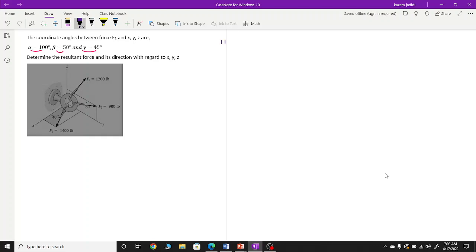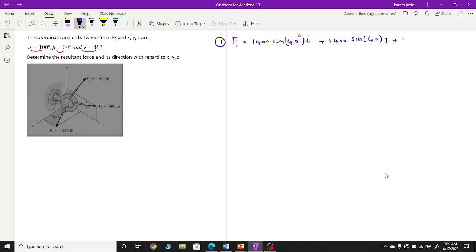In Cartesian format, step 1, break each force into its components. Let's start with F1. F1 is equal to 1400 cosine 40 degrees, because adjacent to x is cosine 40 degrees, in i direction, and it's going to be 1400 sine 40 degrees in j direction.